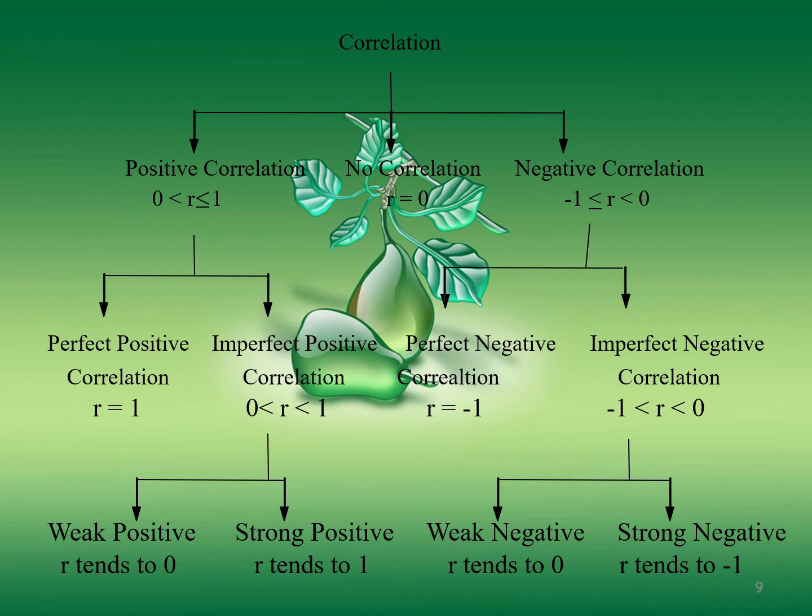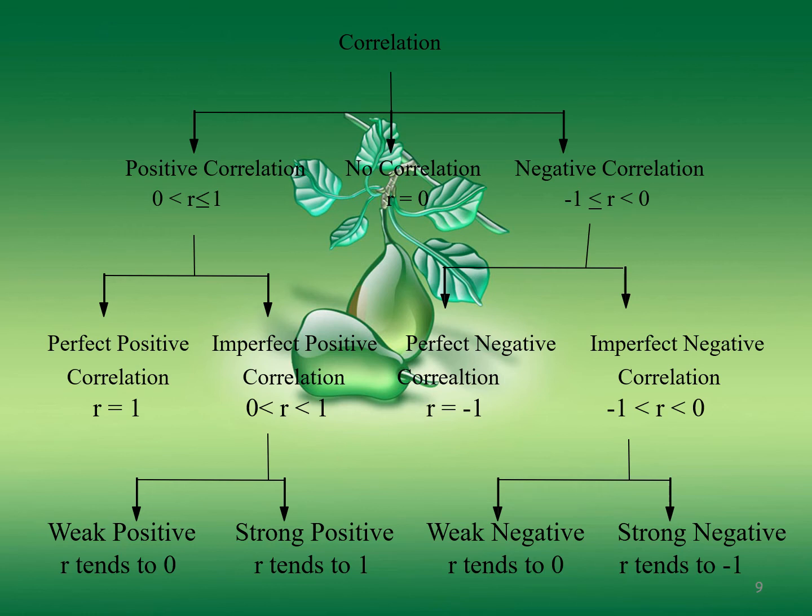If the correlation is perfect, the correlation coefficient R takes value +1 for positive correlation and -1 for negative correlation, and for imperfect positive and negative correlation, these inequalities will be strict inequalities, that is R will lie between 0 and 1 or -1 and 0 for positive and negative respectively.